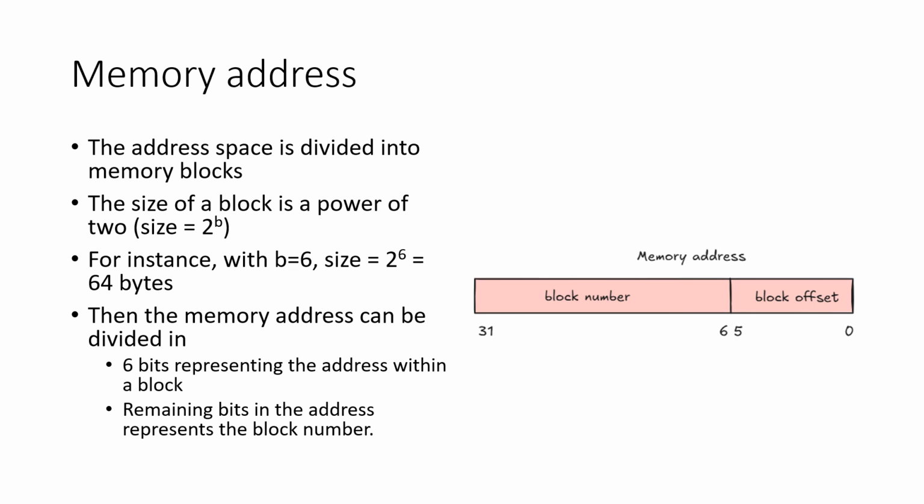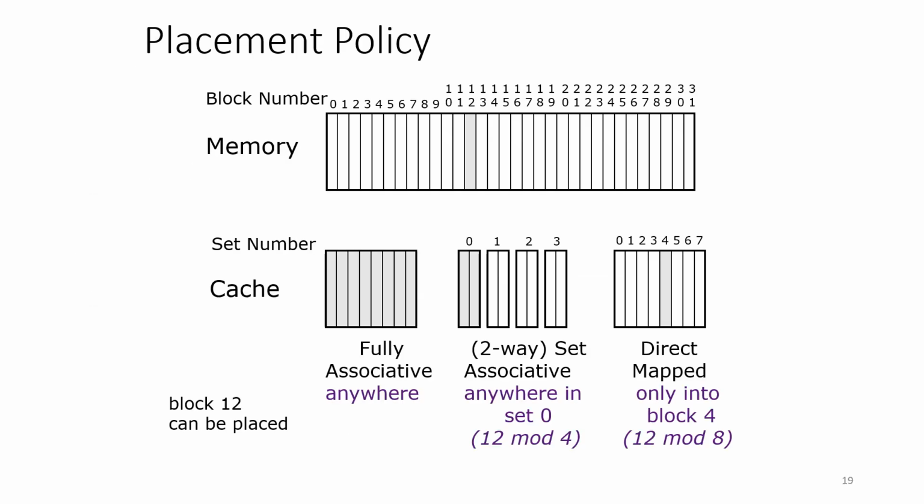We are now ready to discuss how to place a block in the cache. We need a way to figure out in which cache line we can place a block, and this will also be useful when we look forward. The figure here shows a small memory consisting of 32 blocks numbered from 0 to 31. We also have a small cache with space for 8 cache lines numbered 0 to 7.